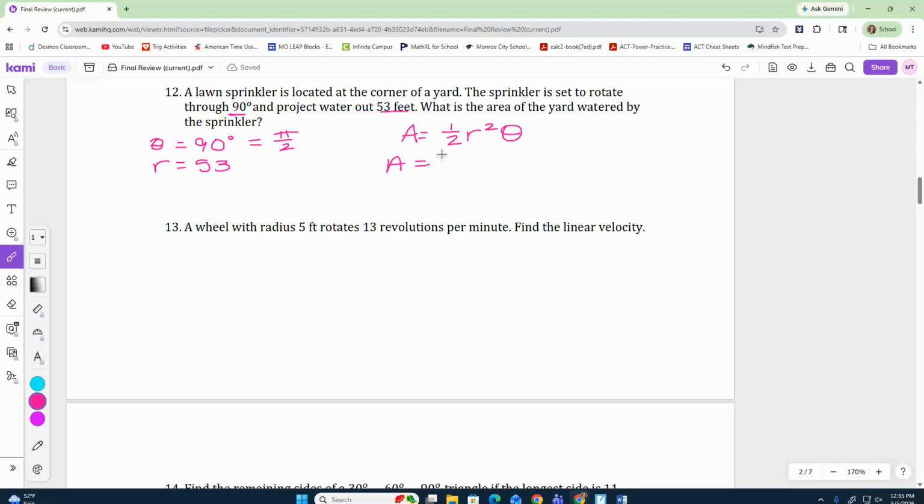So we have 1/2 times 53 squared times pi over 2. You could answer a couple different ways. If you left it in terms of pi, 702.25 pi. If you multiply out the pi, 2,206.18. Either way, it's area, which is square feet.